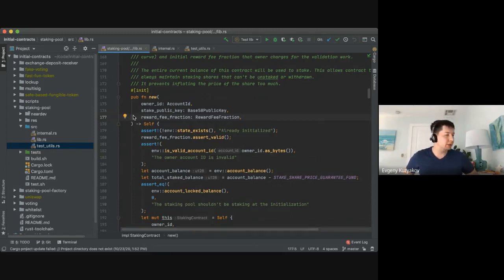Stake public key. So when you stake on NEAR Protocol, you need to provide a public key that will be used by your validator node to sign messages on behalf of the validator node. And this public key can be different from any access key.